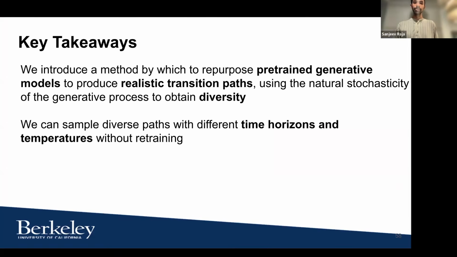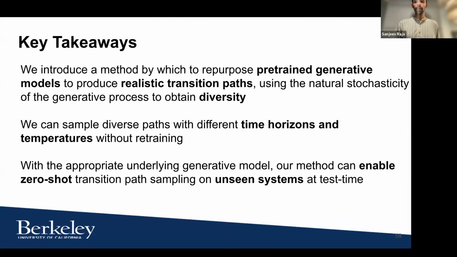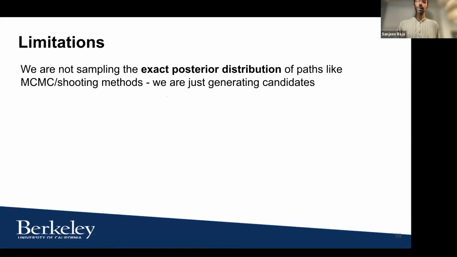We can sample diverse paths with different time horizons, different temperatures, just by tweaking these parameters in the OM action. And we can also enable zero-shot TPS on systems that we didn't see at test time. So this is the idea that you don't have to retrain for every system from scratch.